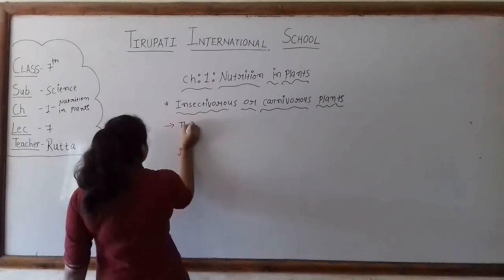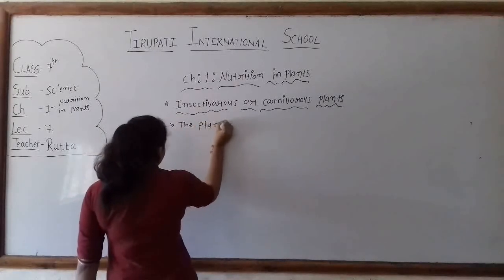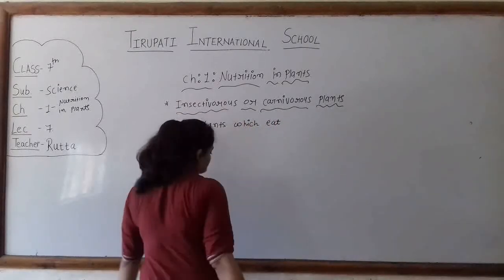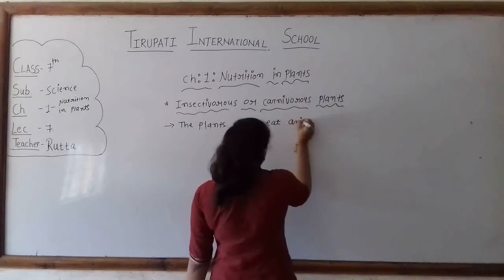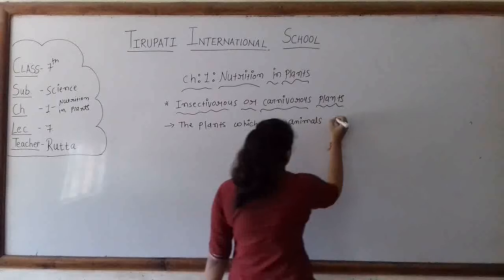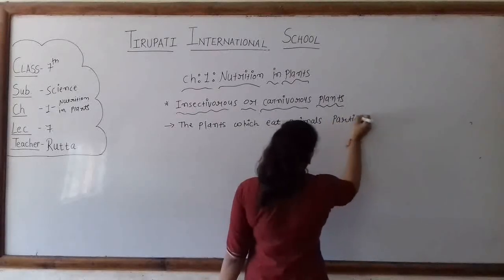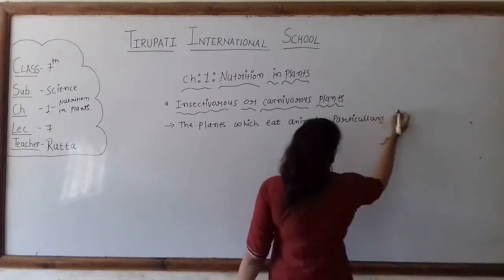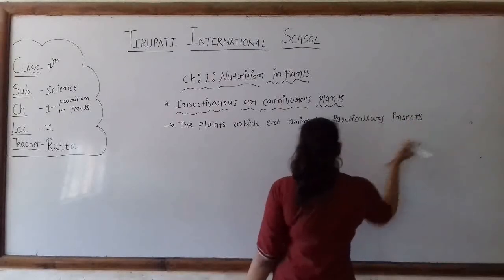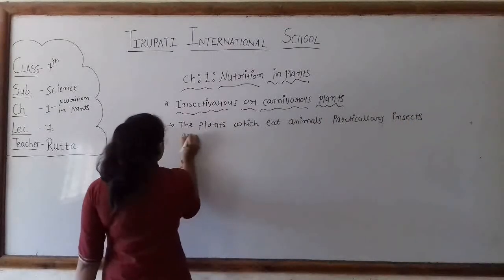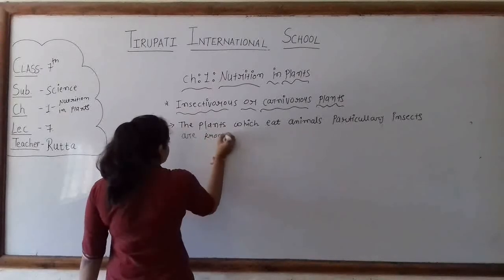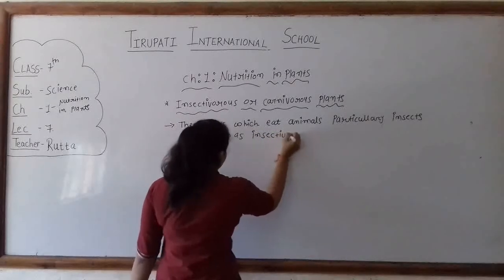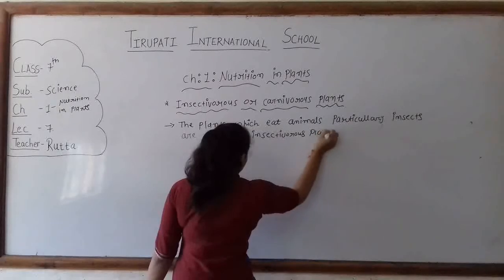So the definition of insectivorous plants is given like this: the plants which eat animals, particularly insects, are known as insectivorous plants.